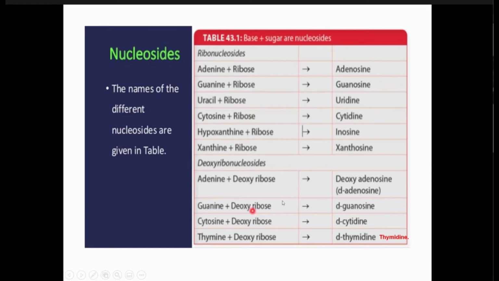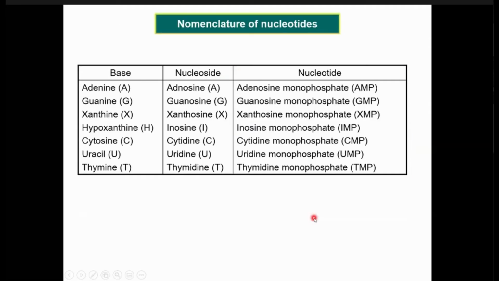When it comes to naming the DNA, we use deoxyribonucleoside. It's the same principle. Adenine plus deoxyribose is deoxyadenosine, etc. I put another slide to make it even clearer. You see the base is adenine, the nucleoside is adenosine, and if we want the nucleotide, we call it adenosine monophosphate.